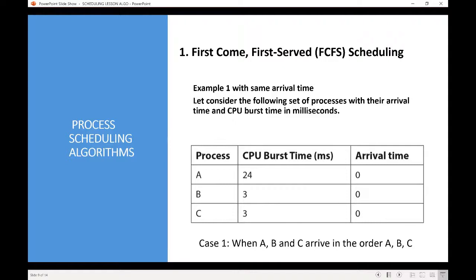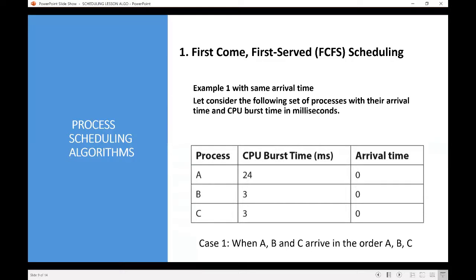So even if they arrived at the same time, there is no way a scheduler can schedule all of them at the same time in the CPU. So it needs to decide this goes first, this goes next, this goes next. So the order is ABC.